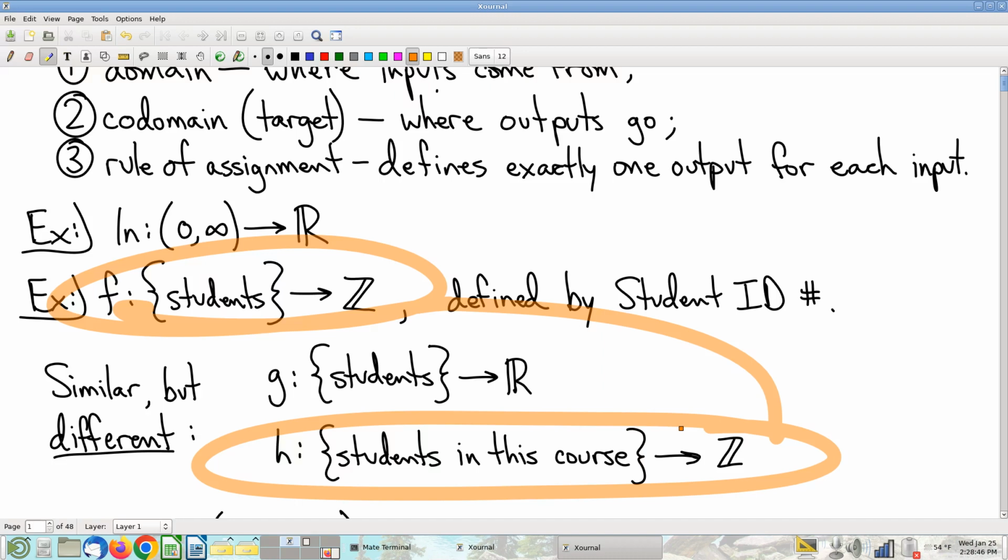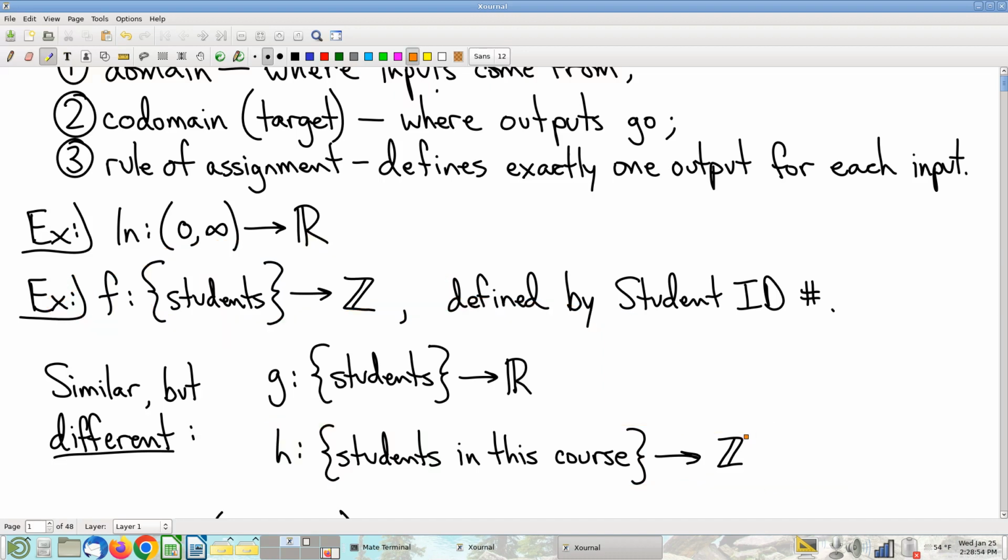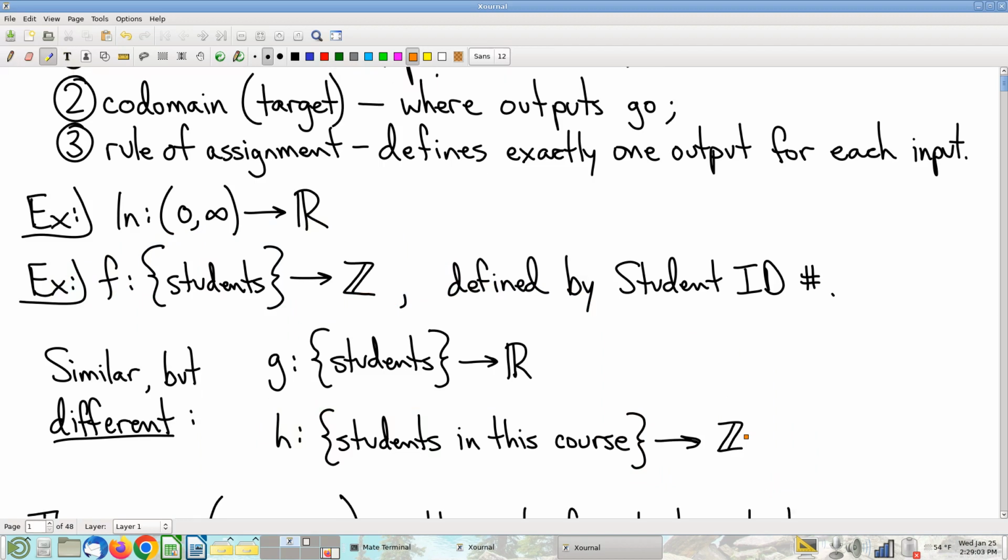This one's defined for all students. This one's specifically only defined for students in this classroom. Okay. How are we doing? I know that this comes off as kind of persnickety, but it ends up mattering, and we're going to see why in a couple of minutes. But anyway, that's what a function is.